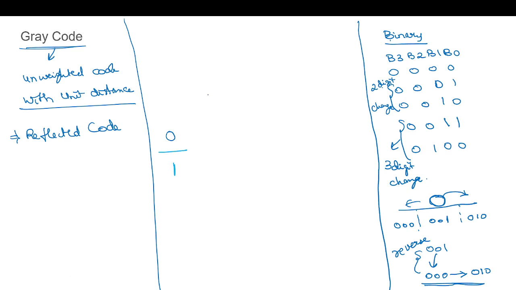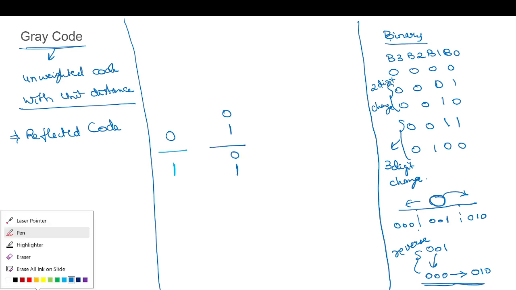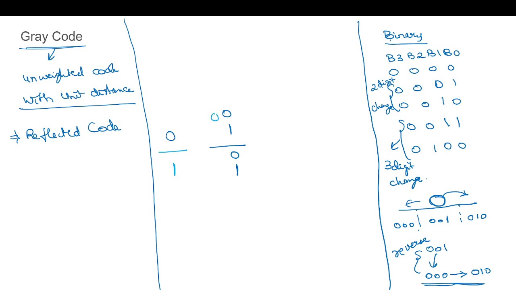Now if I have 2-bit numbers, it will be 0 1, and there will be reflection 1 0, and before the reflection it will be 0, and after 1 1. So is this reflection code correct?